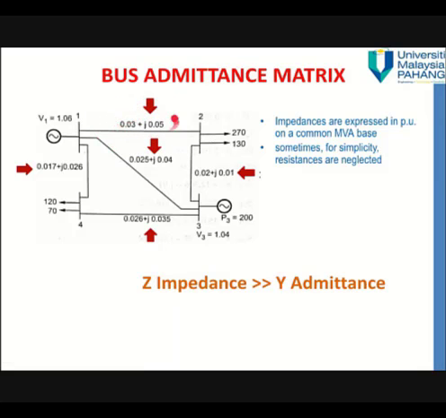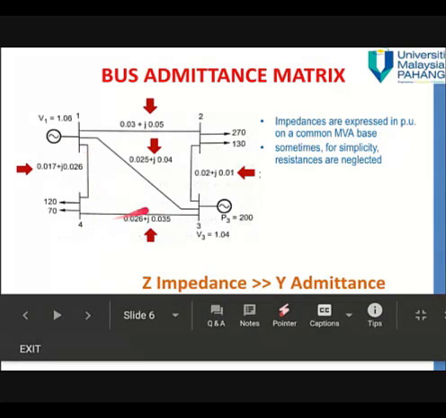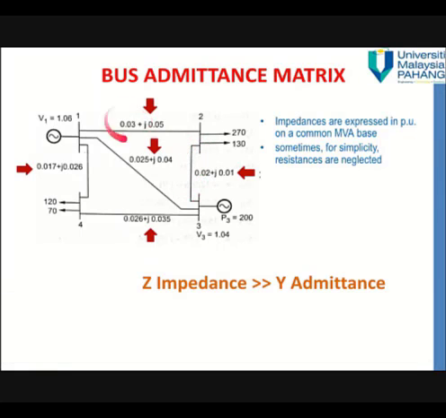So this is your Z. Z from 1 to 2. This one from 1 to 3. This one from 1 to 4, 4 to 3, 2 to 3. This is your impedance.